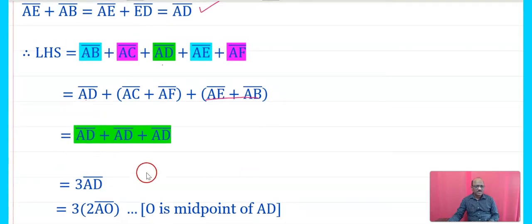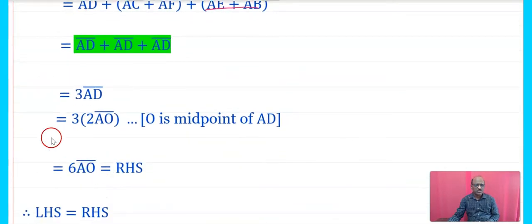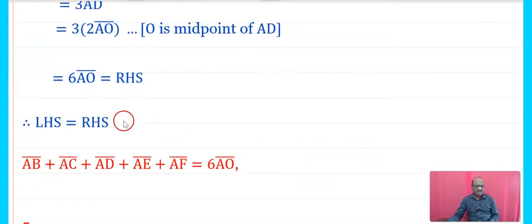Therefore AD bar plus AD bar plus AD bar is 3 times AD bar, and AD is nothing but 2 times AO, so 2 into 3 is 6, that is 6 AO bar, which is the RHS. Hence LHS equals RHS, and therefore AB bar plus AC bar plus AD bar plus AE bar plus AF bar equals 6 times AO bar.